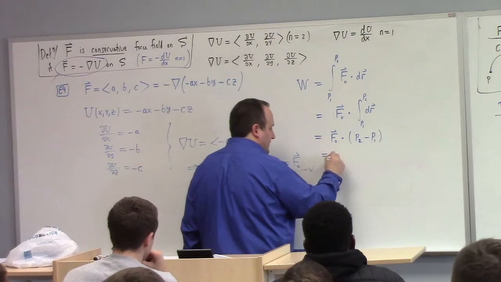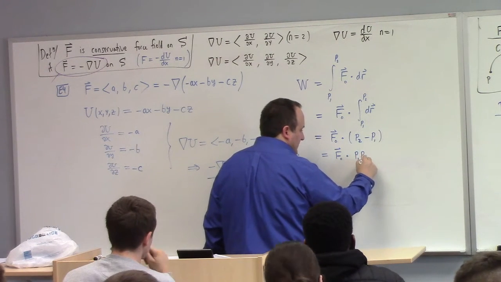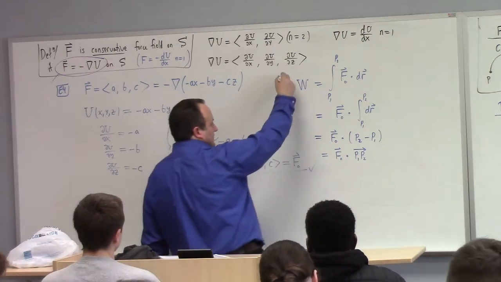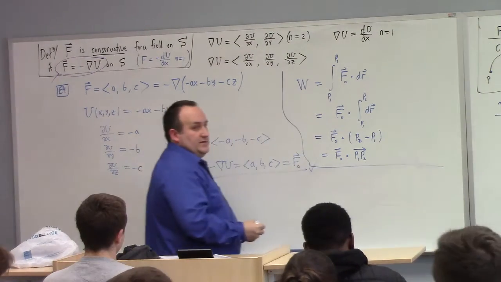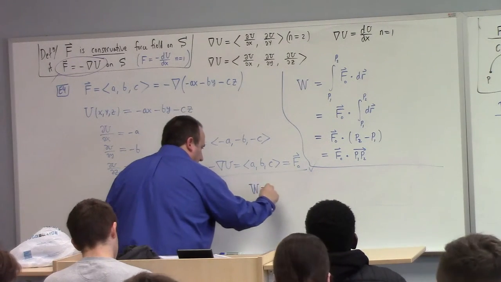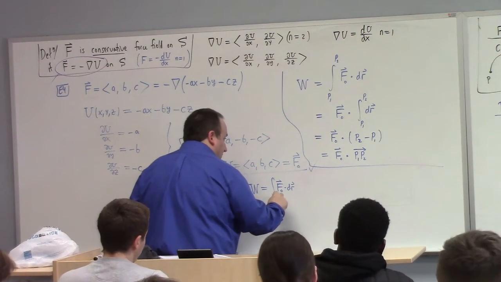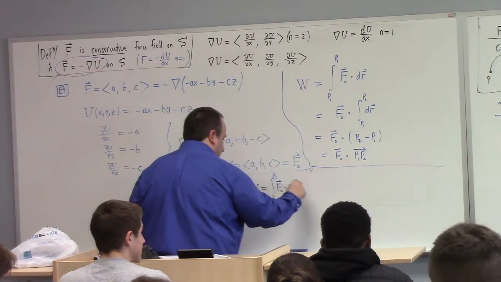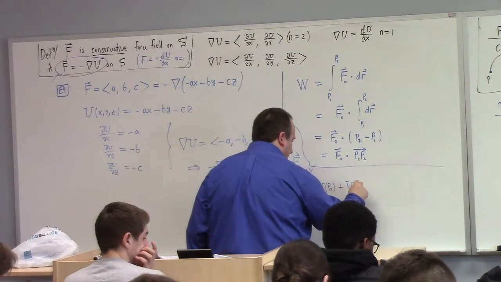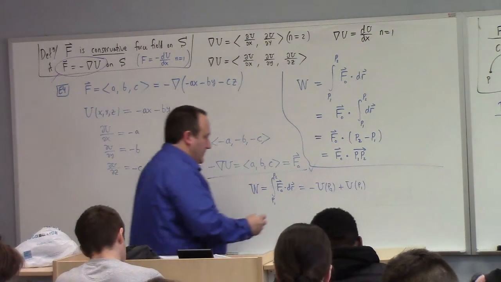There's another formula for this, of course. We could say it's F naught dotted with the line segment that goes from P1 to P2. But if you wanted to derive this with less formal nonsense, you could just as well calculate the work done by the integral of F naught from P1 to P2 to be equal to minus U of P2 plus U of P1. What would that be, according to the formula here?